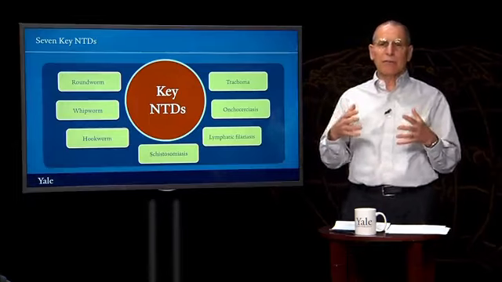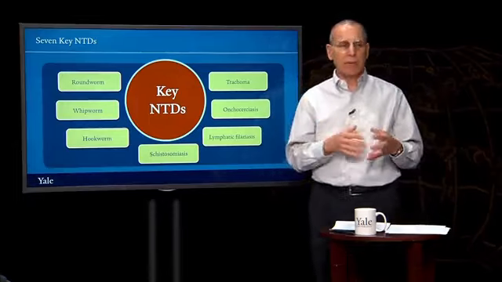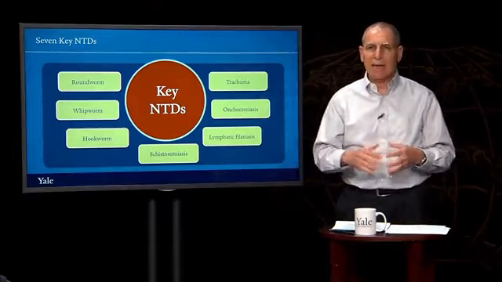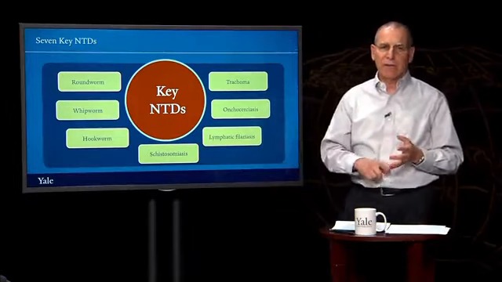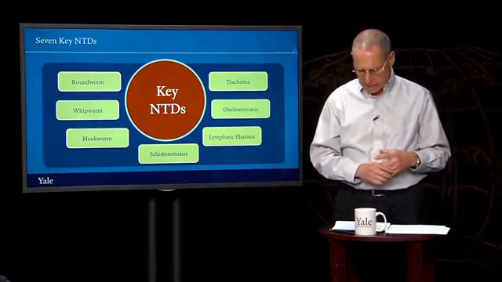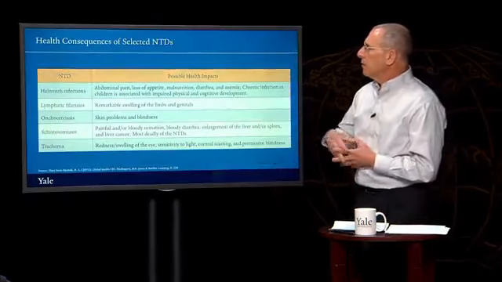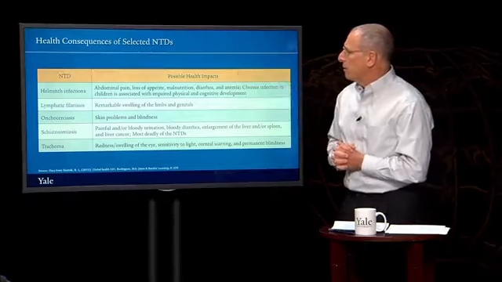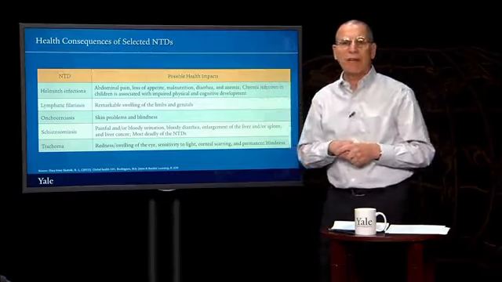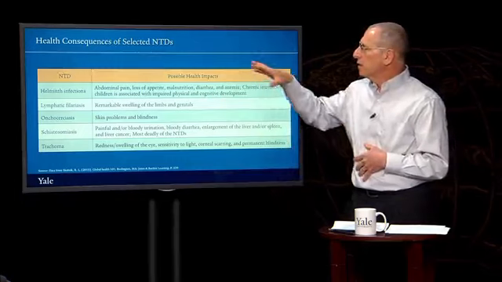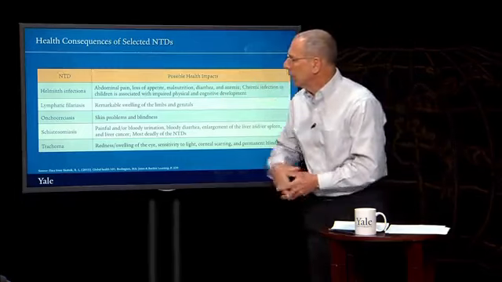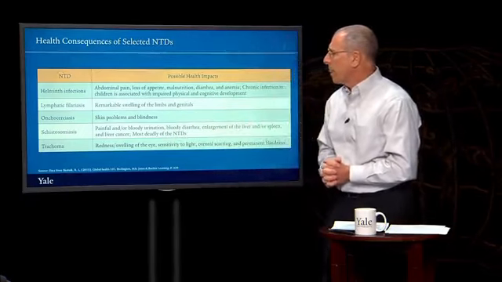As I've mentioned already, the neglected tropical diseases, or NTDs, can have debilitating health, social, and economic consequences. And this graphic, for example, speaks just to some of the health impacts of these few neglected tropical diseases.